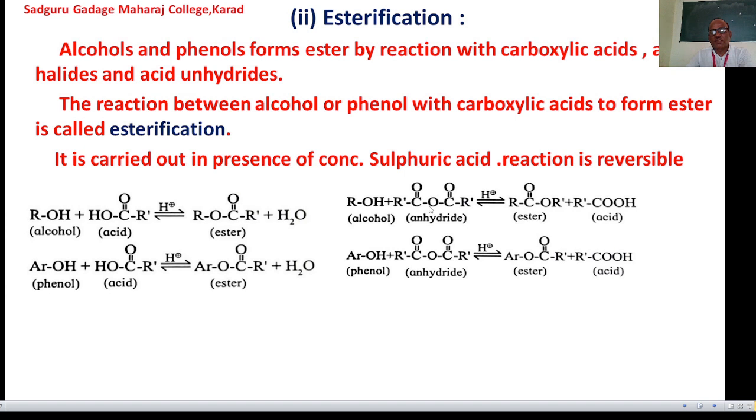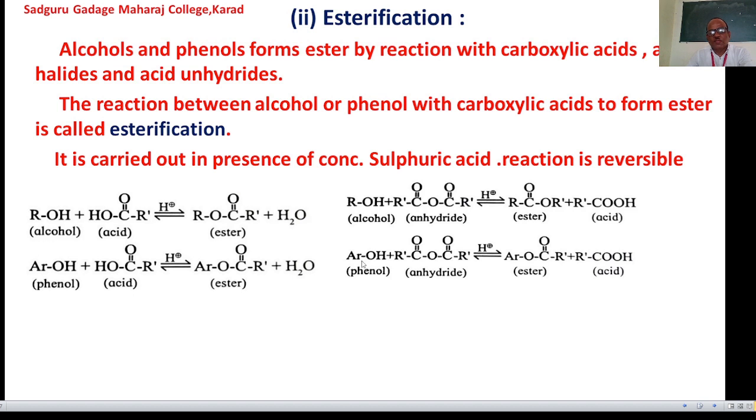The alcohol reacts with the acid anhydride, RC double bond O, O, C double bond O, R dash, in the presence of sulfuric acid, and gives an ester, RC double bond O, OR dash, plus R dash COOH. Again an acid is formed, so the byproduct is a carboxylic acid.